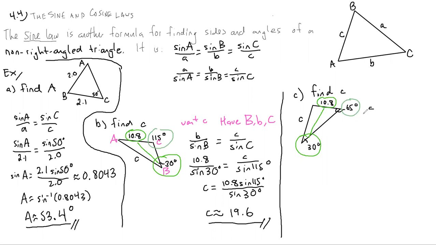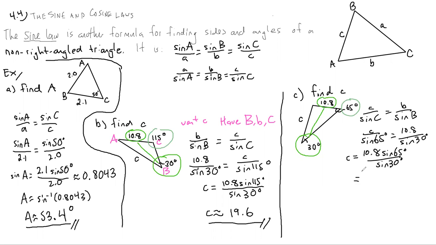So I'm going to set up my C over sine C is B over sine B. And C over sine 65 is 10.8 over sine 30. So C equals 10.8 sine 65 over sine 30.